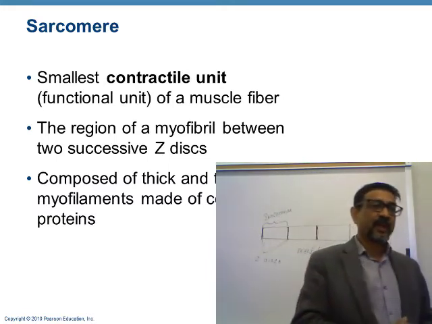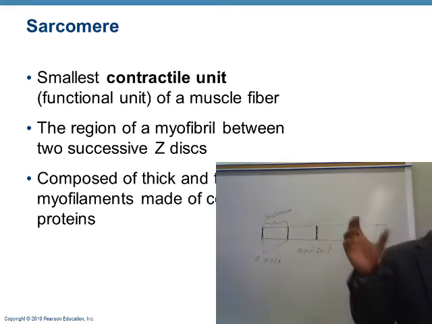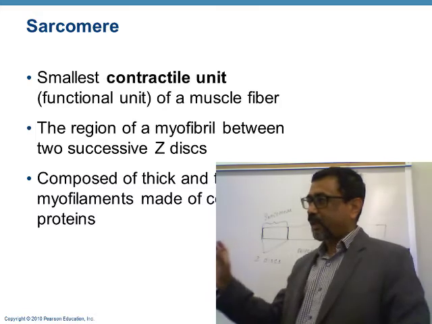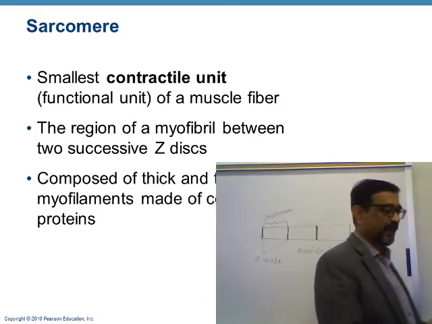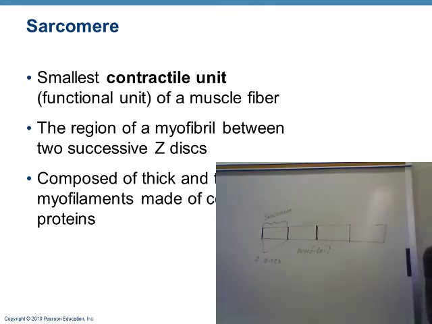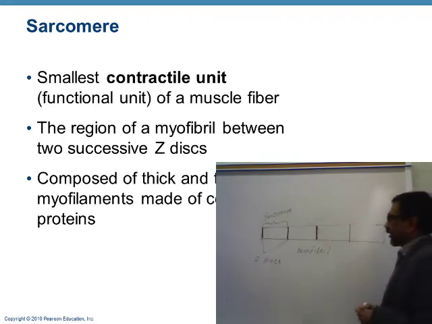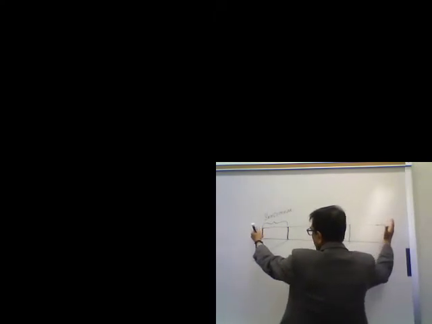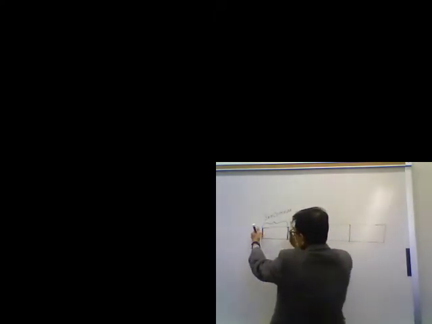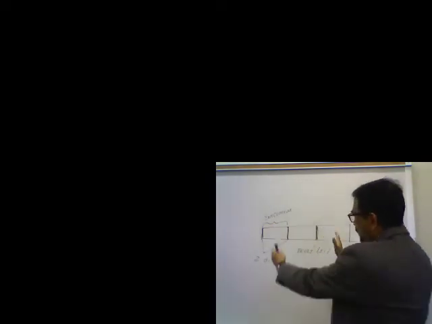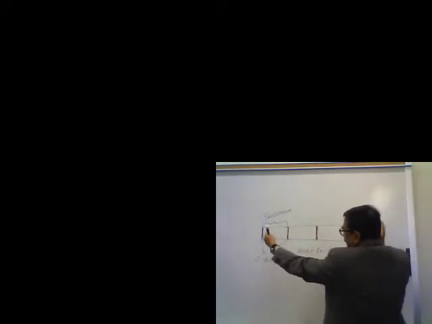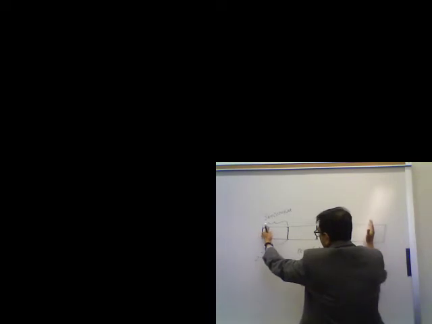So the sarcomere is the smallest structure where the contraction of muscle starts. That's why it is called the unit of muscle function or contraction. When muscle contraction occurs, all the sarcomeres inside the myofibril get shorter at the same time.